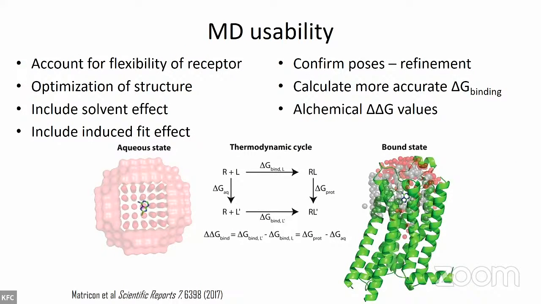So how can the molecular dynamics simulations be used? They can be used for taking care of the flexibility of the receptor, so it basically can accommodate the ligand. For instance, in one of our studies, we ran the molecule going from the active site via the channel towards the surrounding.